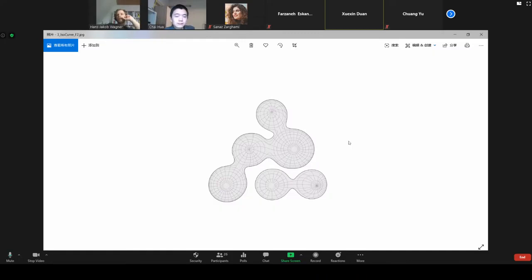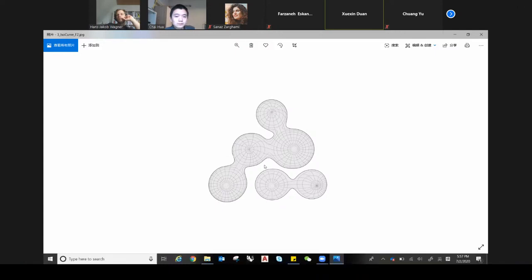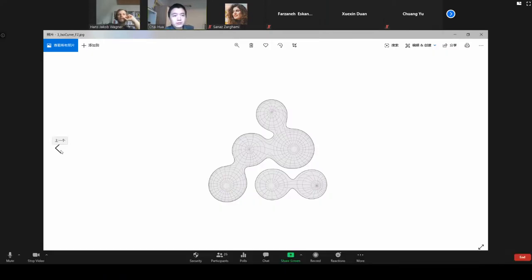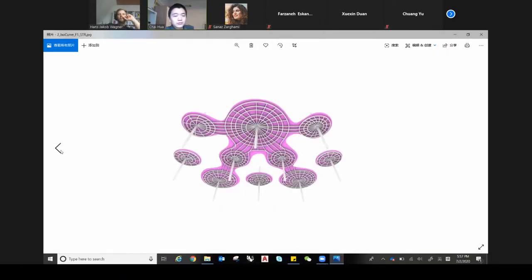Yes, it's also possible. I think it's maybe still too dense for the sticks. Yeah, that's why I'm asking. Maybe you can try some other way to generate the beams, not in the way that we provide. I think it's quite interesting.